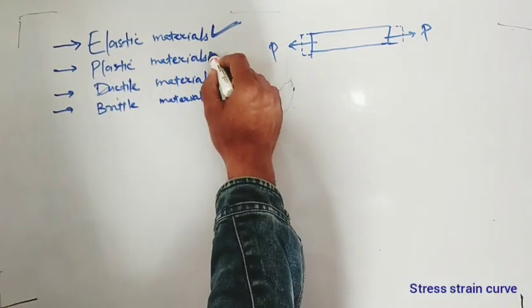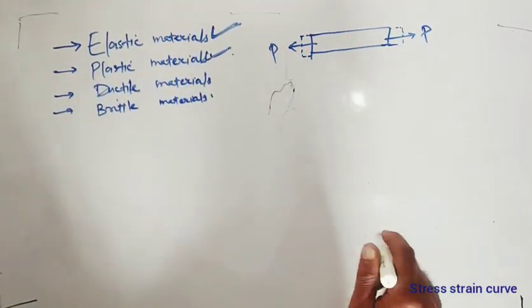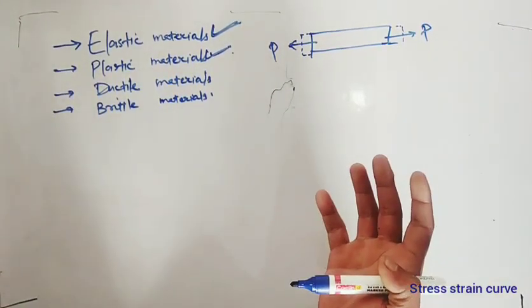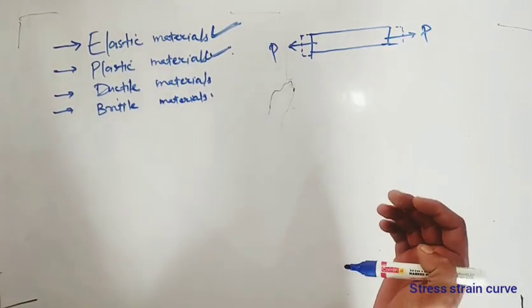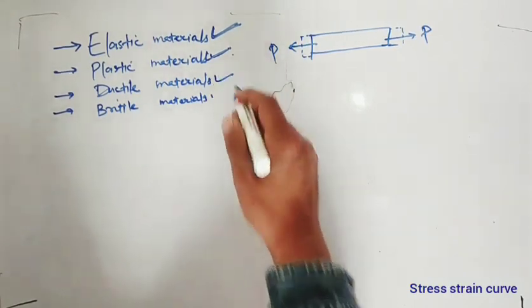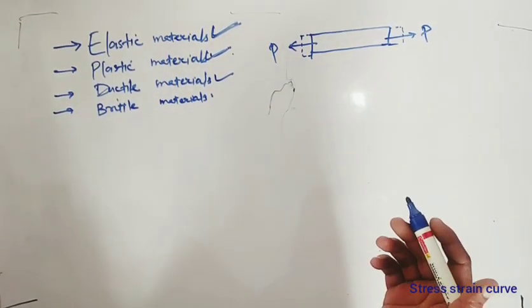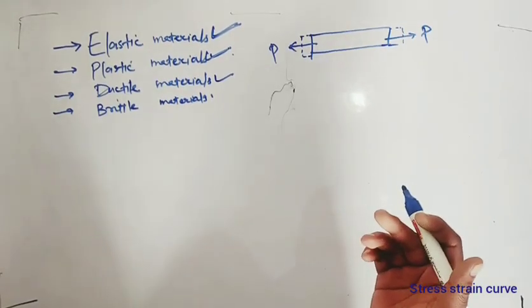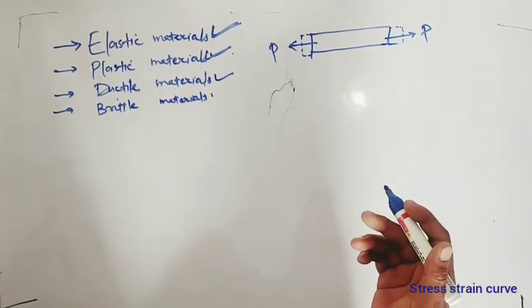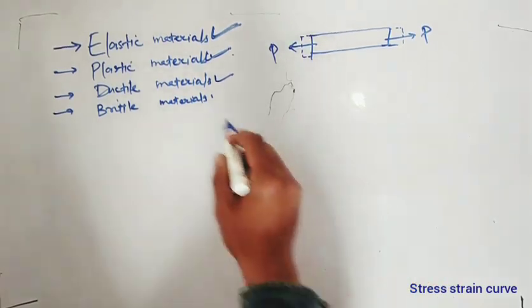So what are plastic materials? If a material does not regain its original position on the removal of external loads, it's called a plastic material. Now what about ductile materials? Ductile materials are something different.